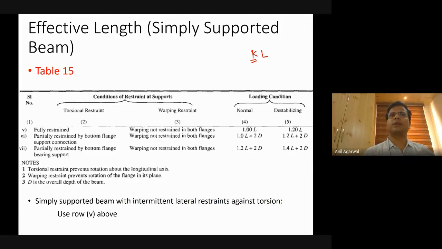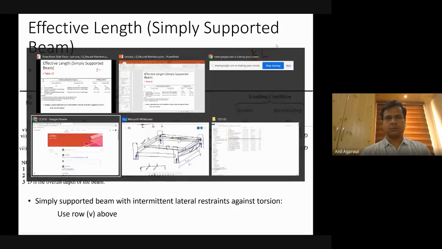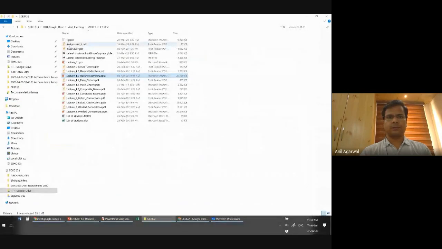For beams, the boundary conditions are slightly more involved. For columns, it was simply whether you are allowing a movement or a rotation or not, right? So maybe I can go to the code first.